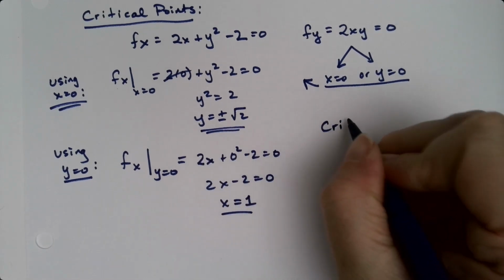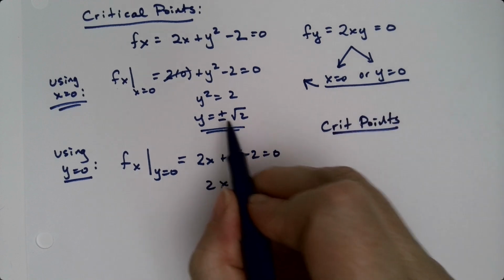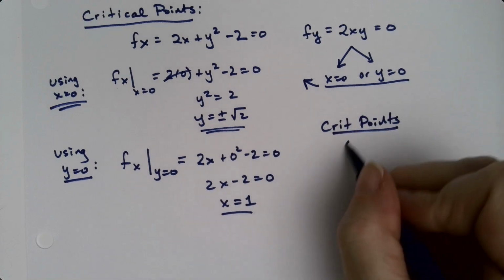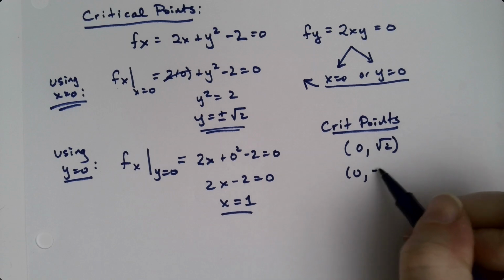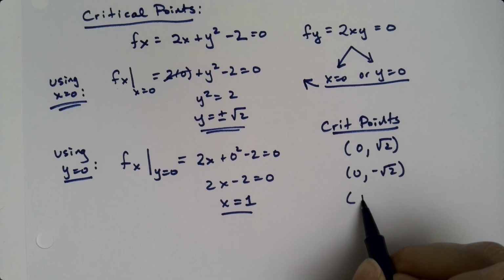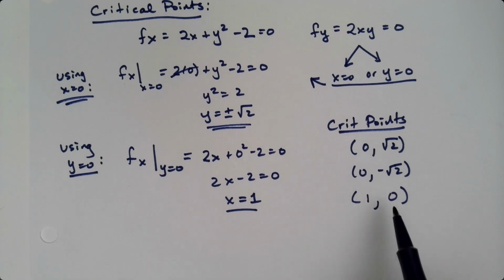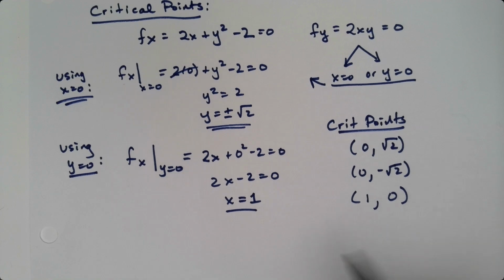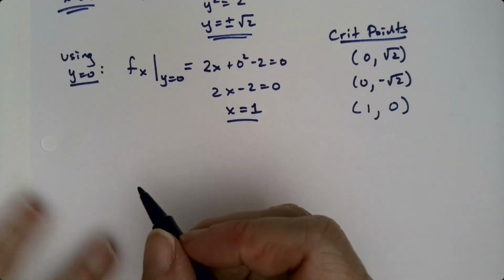Okay, so what are our critical points? So the critical values or critical points are 0, square root of 2, 0, negative square root of 2, and 1 comma 0. All right, so now that we have those critical points, we can build our table.